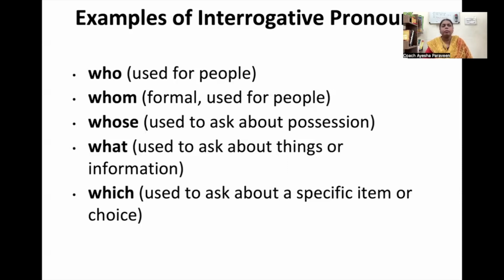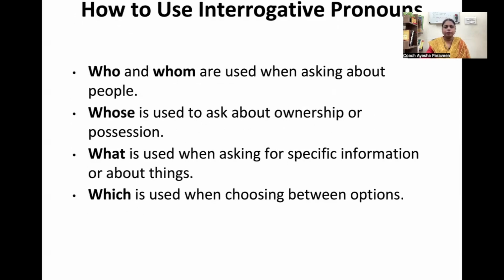Just keep it in mind that interrogative pronouns are WH family words: who, whom, whose, what, which, why. Who and whom are used when we are asking about people.